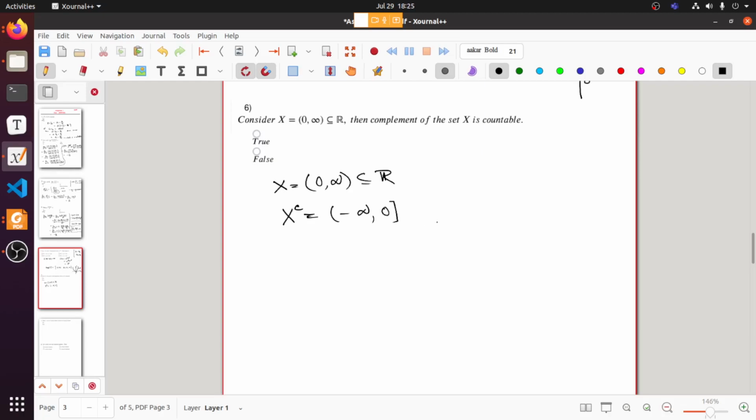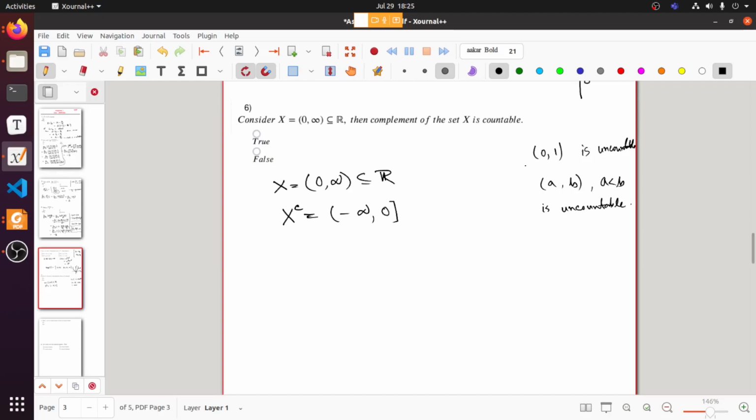Why is it uncountable? You know that, I think you have proved that the interval 0, 1 is uncountable. You can prove more generally that any interval where a is strictly less than b is uncountable.